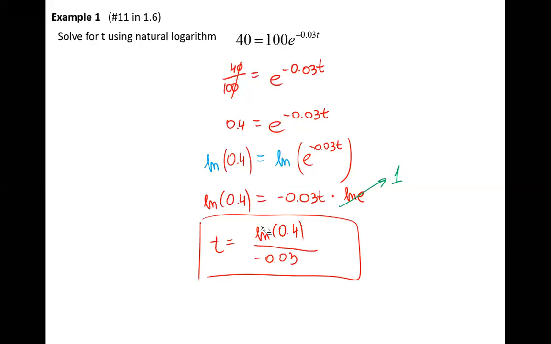But on the midterm test and the final test, we are not allowed to use calculators. Okay? That means this answer will be sufficient.